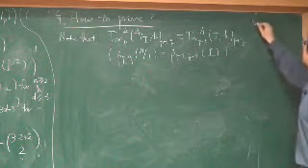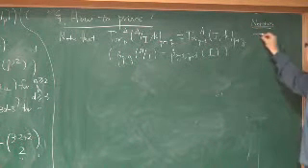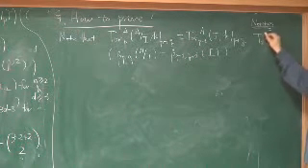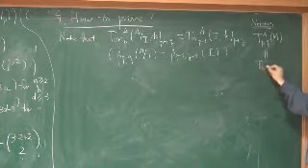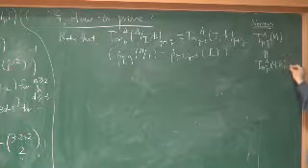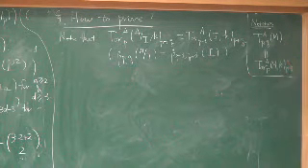And my notation is, let's write T_{p,q,m} for this Tor module. This is my notation.